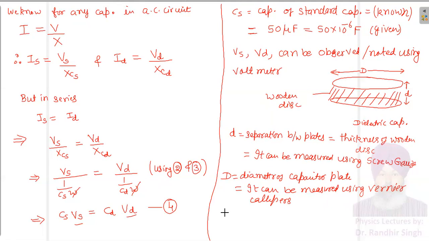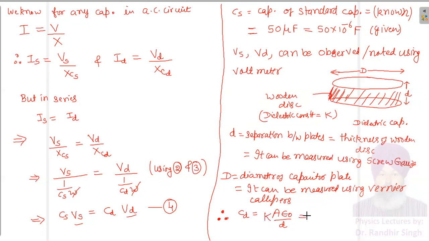Can you tell me the formula for the capacity of a parallel plate capacitor in which a material is inserted? Let us say the dielectric constant of this wooden disc is K. Can you tell me what CD will be? Capacity is A into epsilon naught upon d, into K. Would you agree?